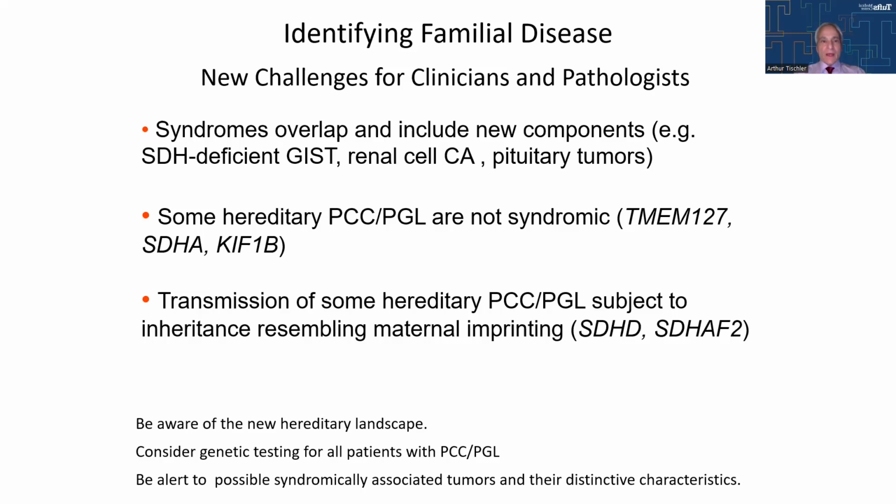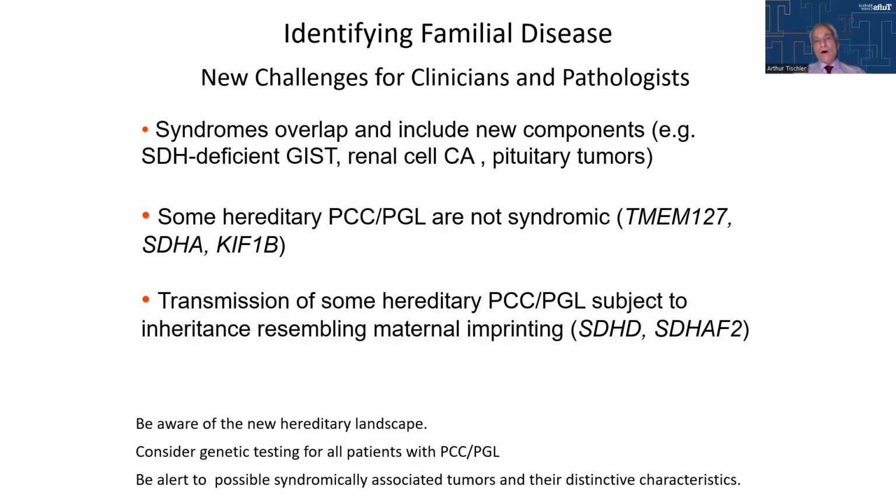In addition, transmission of some hereditary pheochromocytomas and paragangliomas is subject to inheritance resembling maternal imprinting, so that paragangliomas caused by SDHD or SDHAF2 mutations can be transmitted in terms of susceptibility by either the mother or the father, but the disease becomes penetrant, as a rule, only if transmitted by the father.